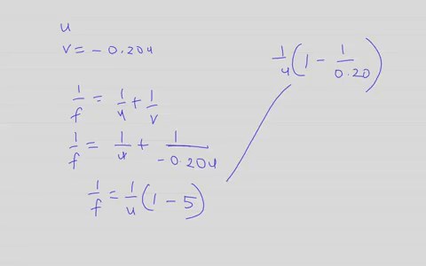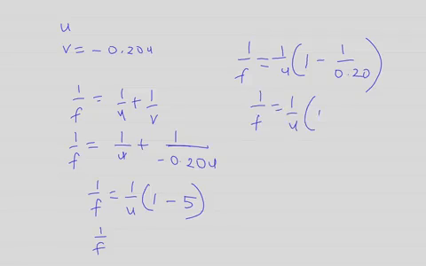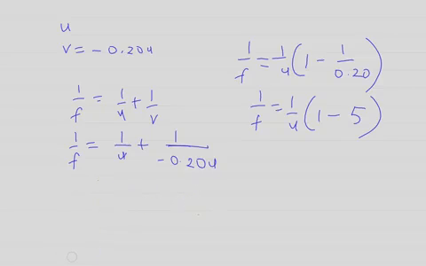So 1 over f is equal to 1 over u times 1 minus 5. And then we have 1 over f is equal to minus 4 over u.